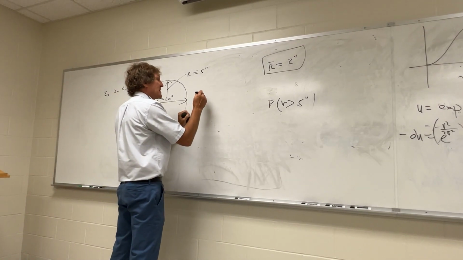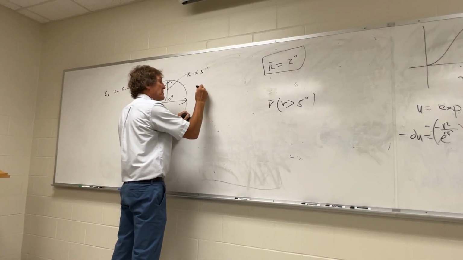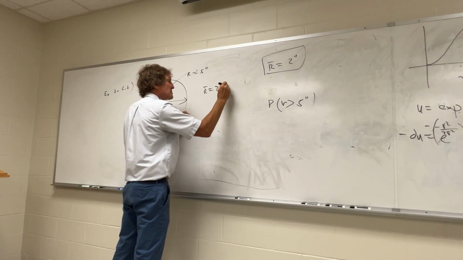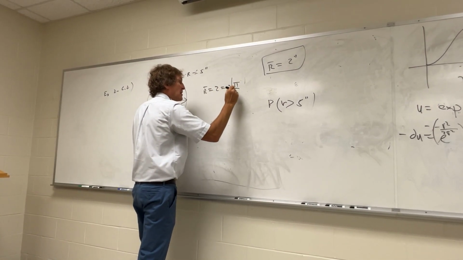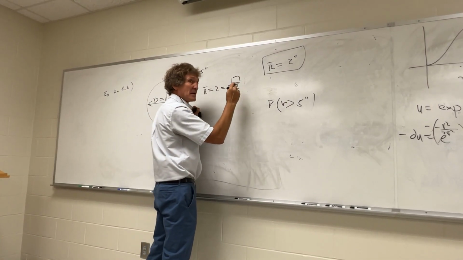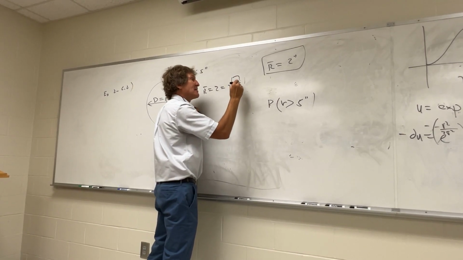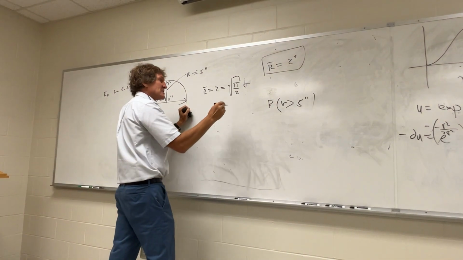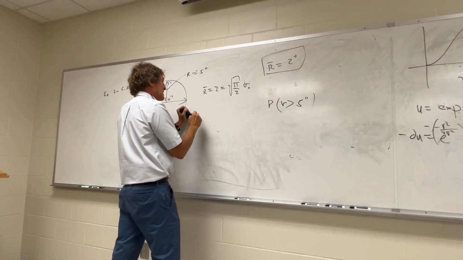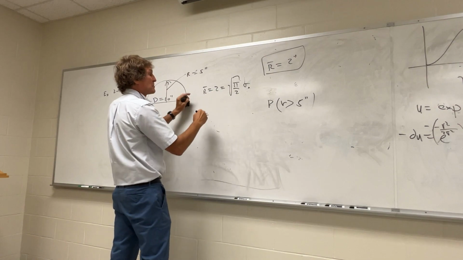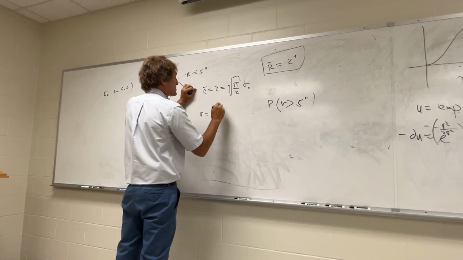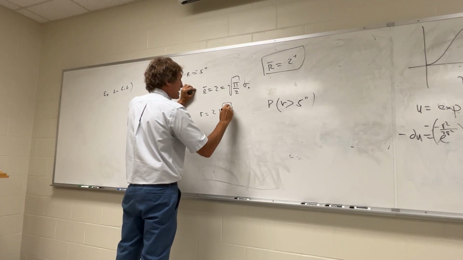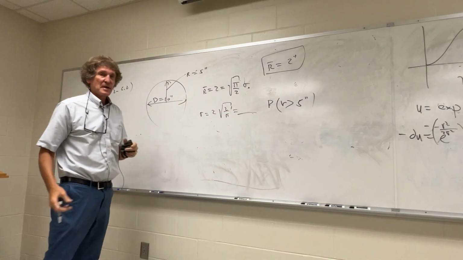And that means the actual value of R mean is equal to the square root of pi over 2 times sigma. So we can get sigma. Y'all follow me? And this would be sigma of x or y. So I can say sigma itself is equal to 2 times square root of 2 over pi. And can you give me that? Anyone? I just want to put it down.